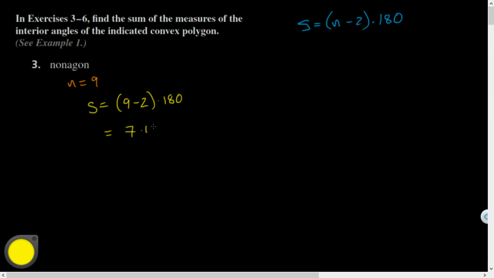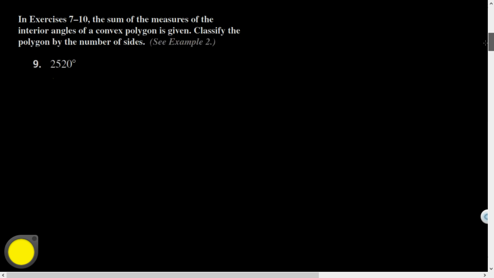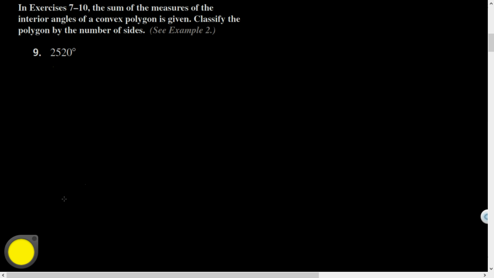So that's going to be 7 multiplied by 180, which is 1260. So the sum of the interior angles of a nonagon will be 1,260 degrees.